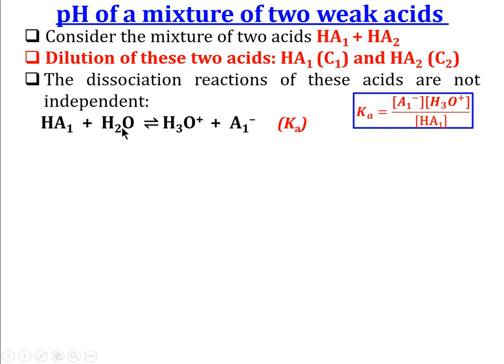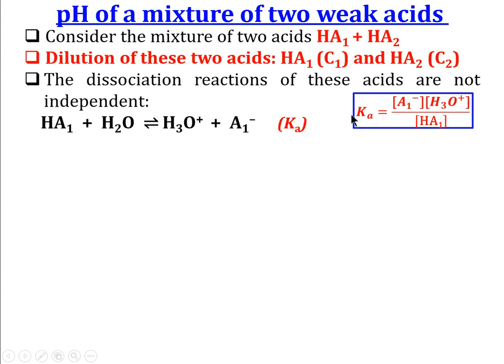HA1 will dissociate in water to give H3O+ and A1-, and this reaction is partial since HA1 is a weak acid, and K for this reaction is equal to Ka of the couple HA1/A1-.